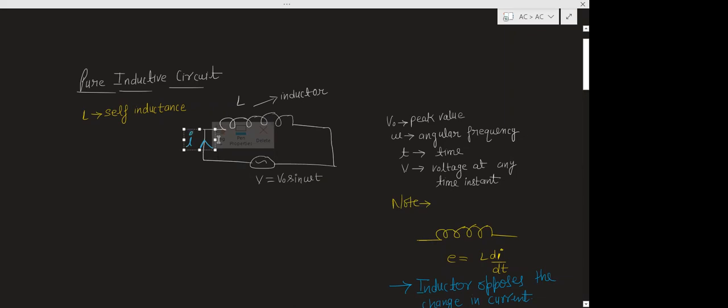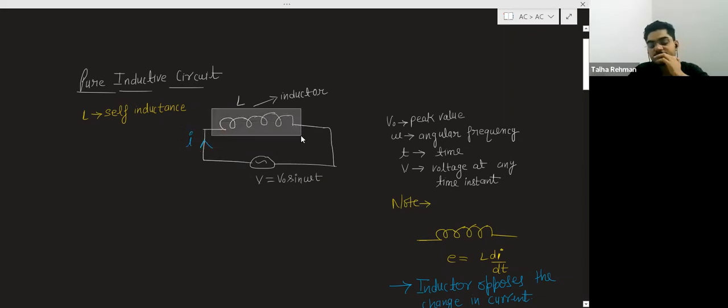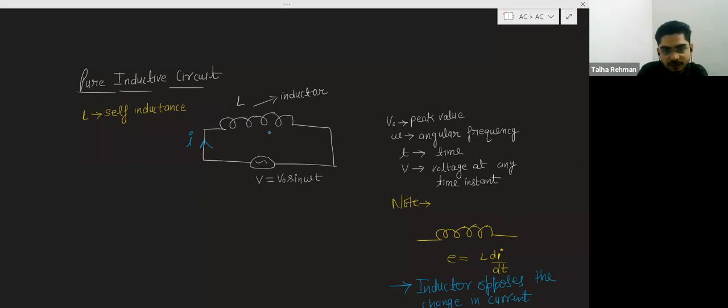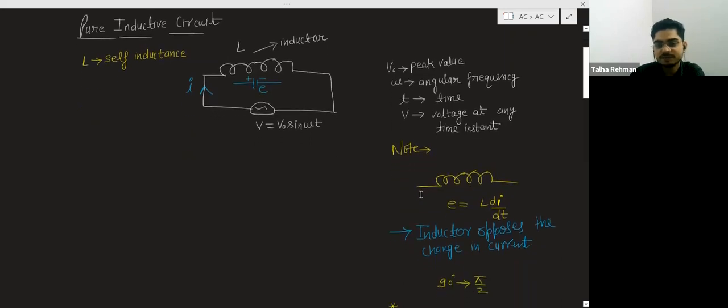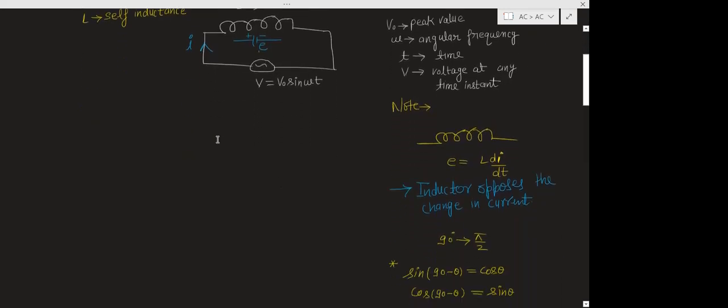The inductor opposes the change of current by producing an induced EMF. So this inductor will induce an EMF E, and that EMF E is given by L di by dt, the change in current divided by time.